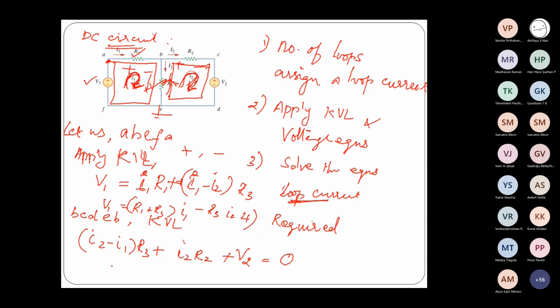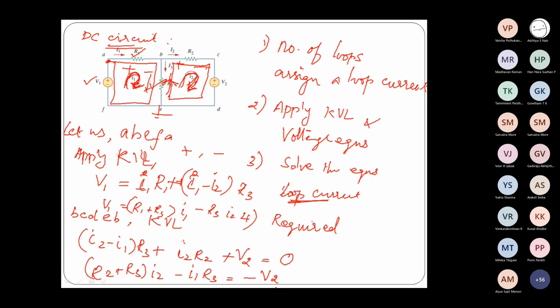And similarly here also I have two terms with I2, one is I2 R3, the other one is I2 R2. So I can write it as R2 plus R3 into I2 minus I1 into R3. The voltage source is a constant value, right? So I'll bring it to the other side. Let me write it as minus V2.